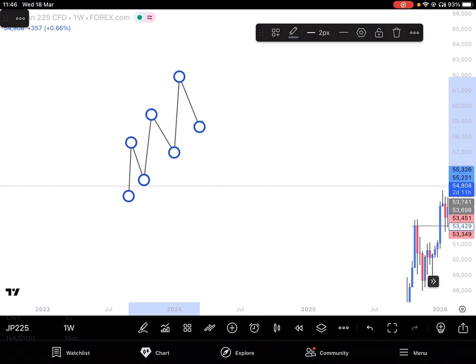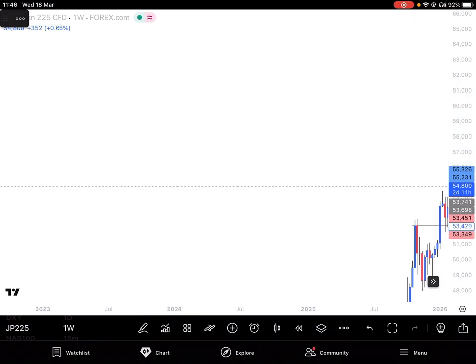This is just basic knowledge about structure: understanding where the market is moving from and what trend the market is in. Is the market trending? Is it ranging? Is it in an uptrend or a downtrend? Understanding that is going to help you understand the structure.